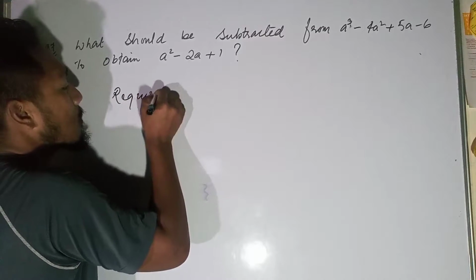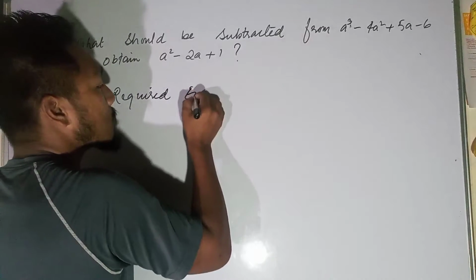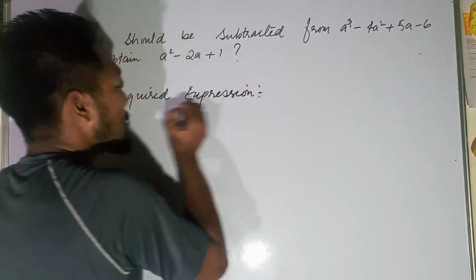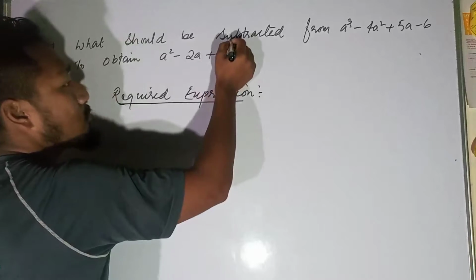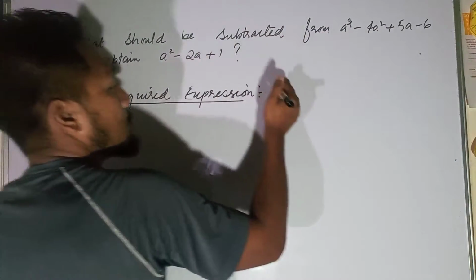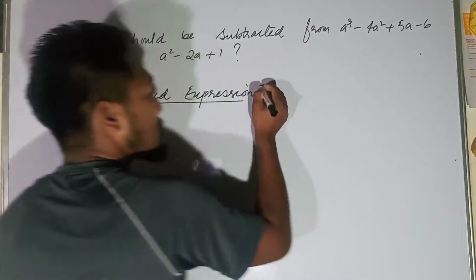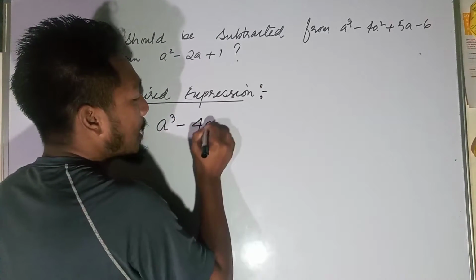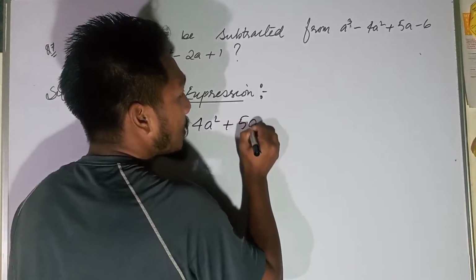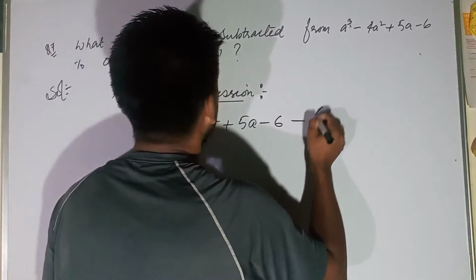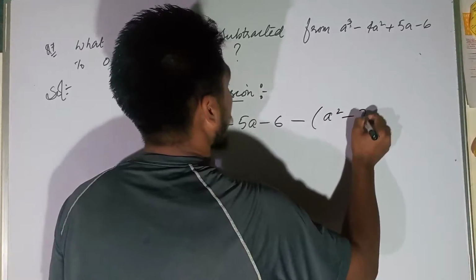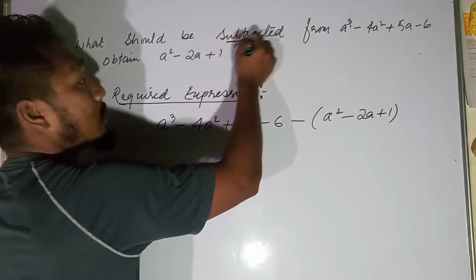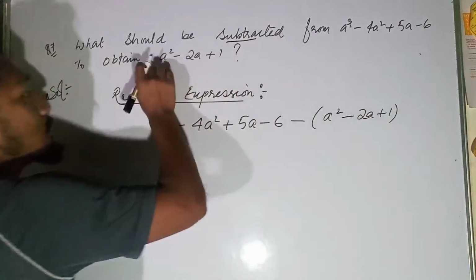So the required expression is a cubed minus 4a squared plus 5a minus 6 minus a squared minus 2a plus 1. Whenever the word subtract comes, the second expression is subtracted from the first.